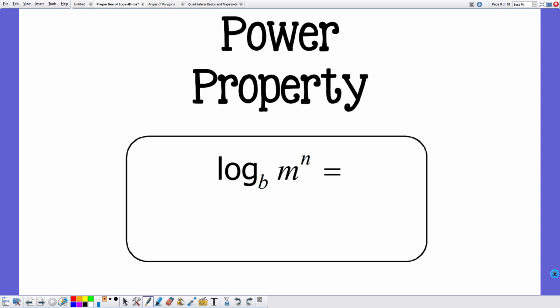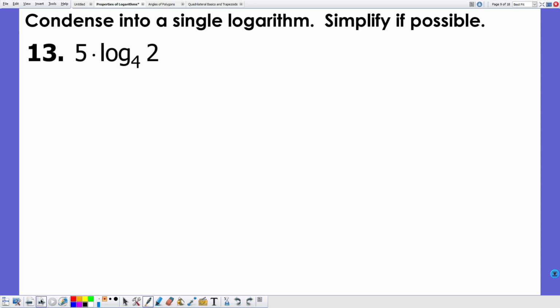It's the same thing as n times the log base b of m. This is probably one of the cooler ones, one of the more useful ones in terms of simplifying logarithms. So let's try it out.